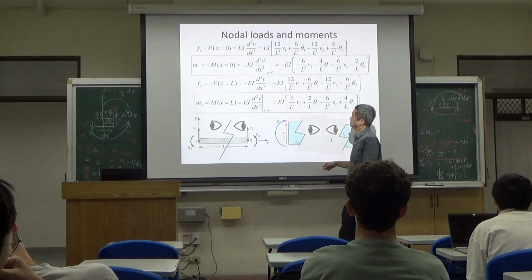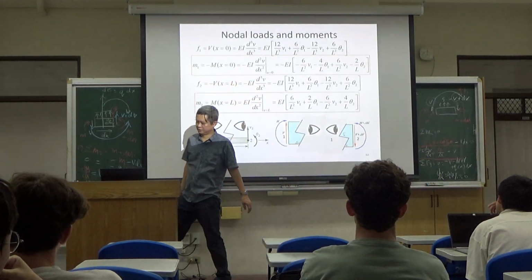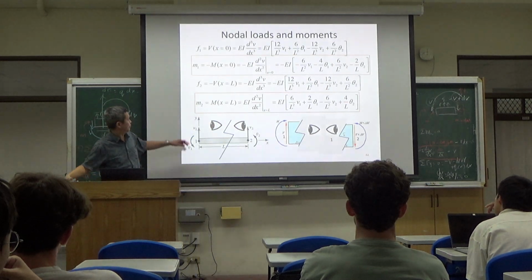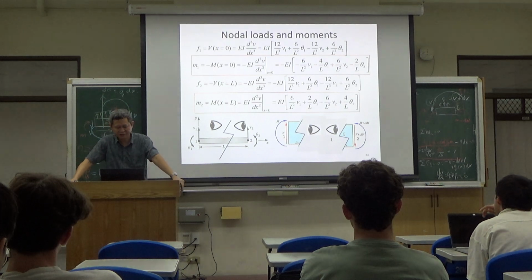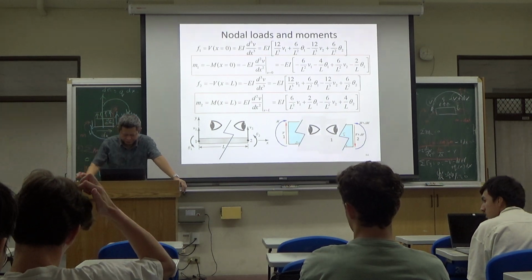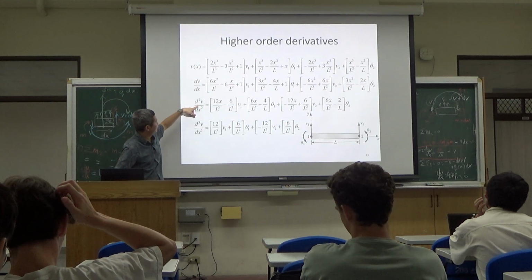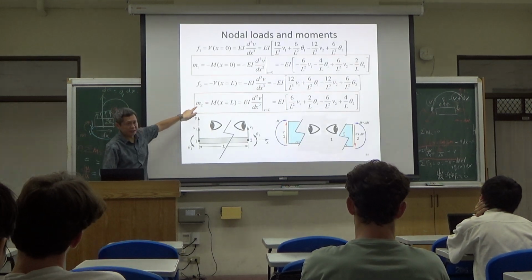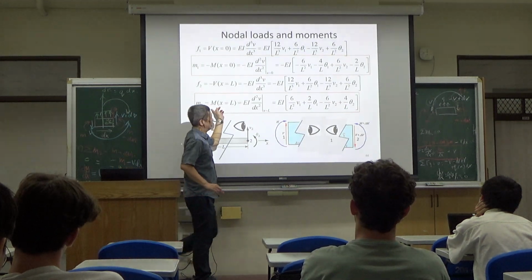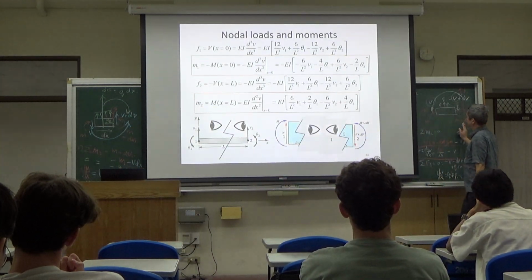On the left hand side, the moment is minus M. So it's minus EI times the second order derivative of the vertical displacement. And that second order derivative is expressed as this function. And then on the right hand side, you choose this to be positive.